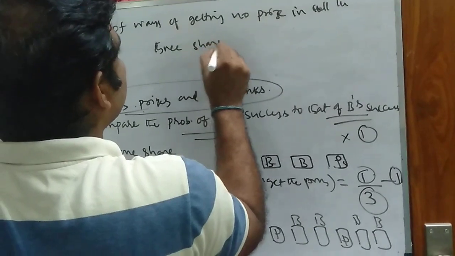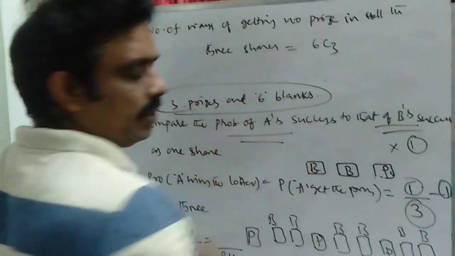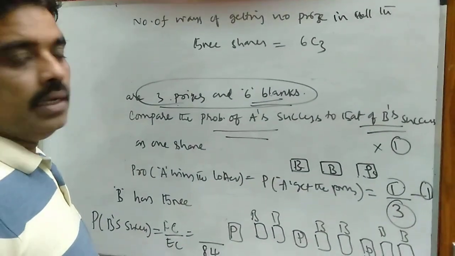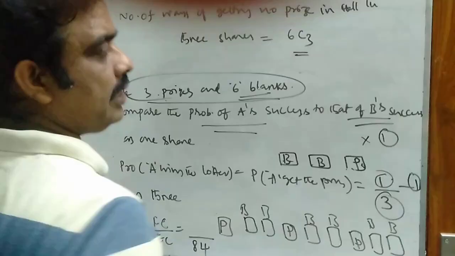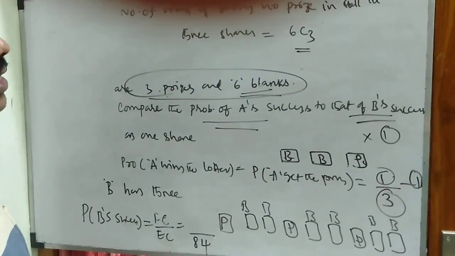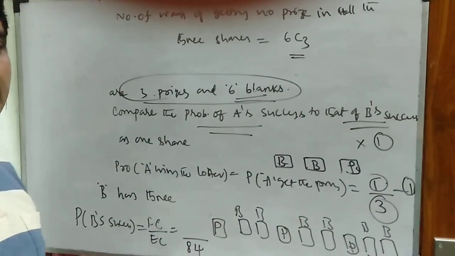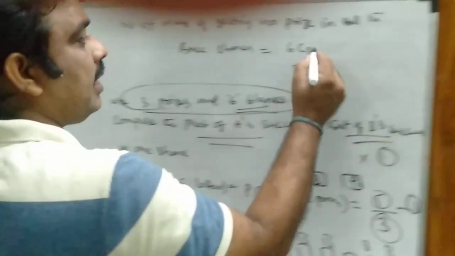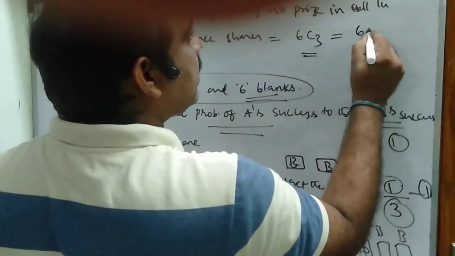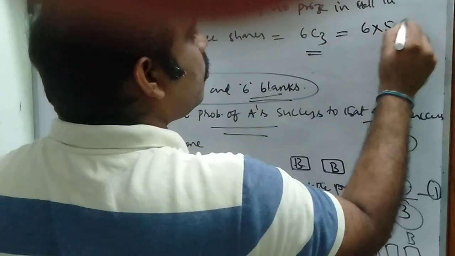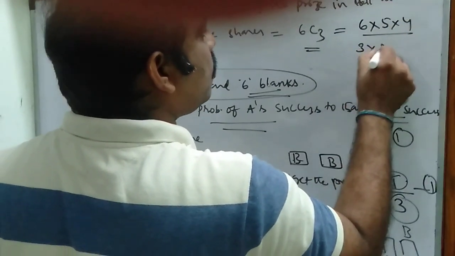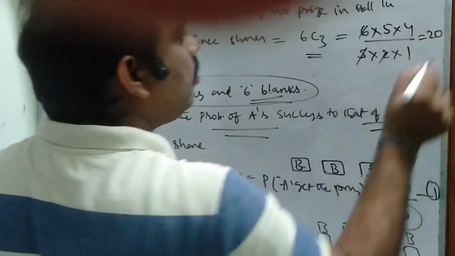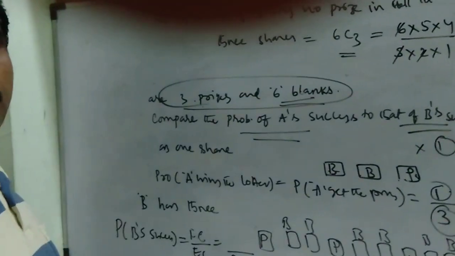That is equal to 6C3. There are 6 blanks, so out of 6 he gets 3 in 6C3 ways. This is the number of ways of getting no prize in all the 3 shares. 6C3 means 6 into 5 into 4 by 3 into 2 into 1. So 3 into 2 cancels with 6, leaving 5 into 4, that is equal to 20 ways.